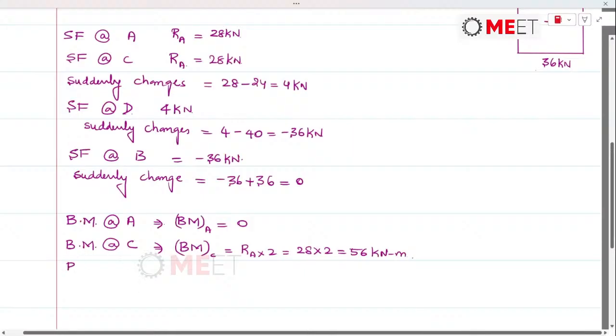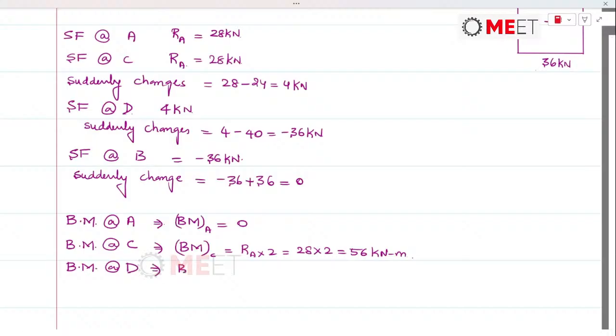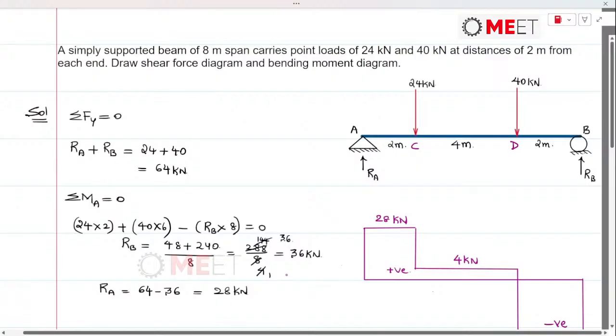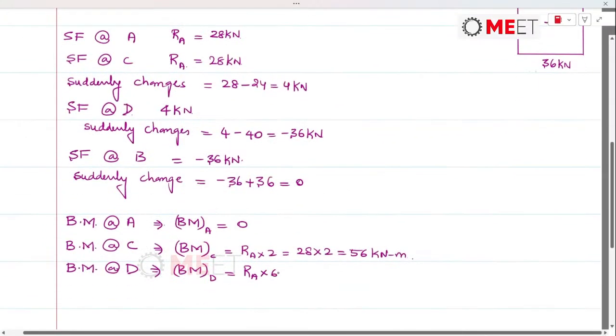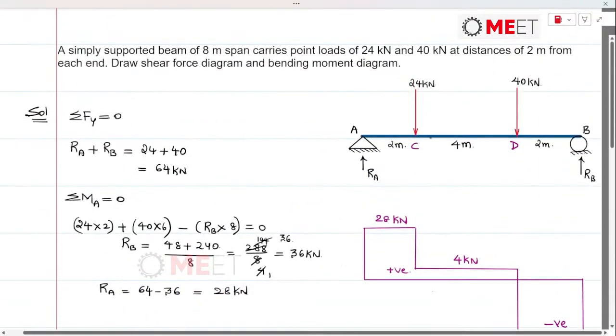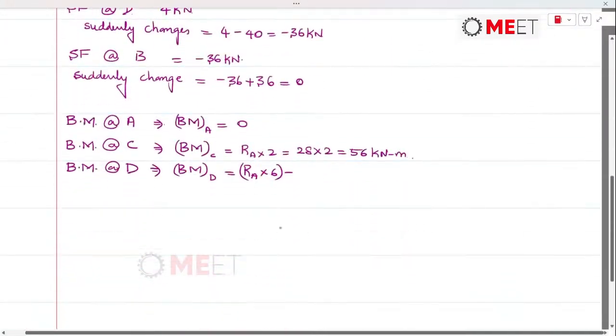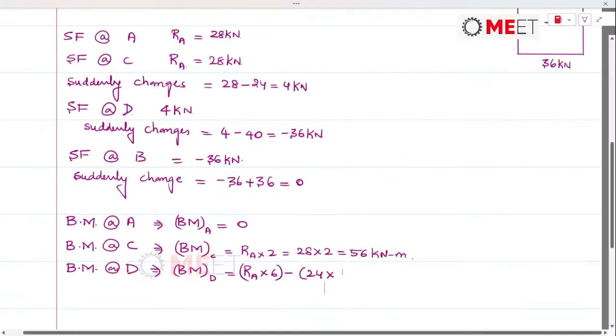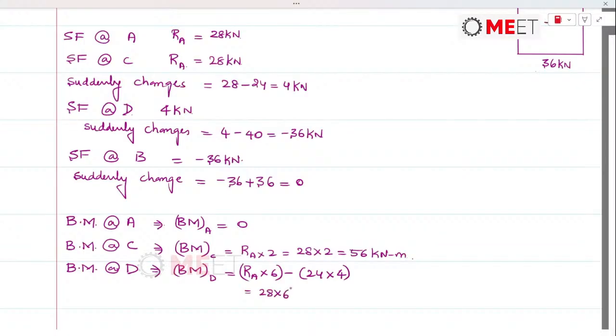Same way, bending moment at D, that is BM subscript D, will be RA into the distance between RA up till D, which is 6 meters, and along with that there will be the point load at C which will produce counterclockwise moment, that is 24 into the distance, which is 4. So this is 28 into 6 minus 24 into 4.